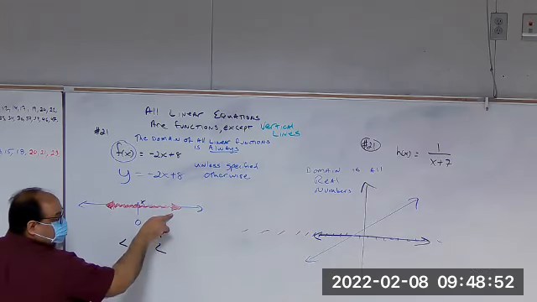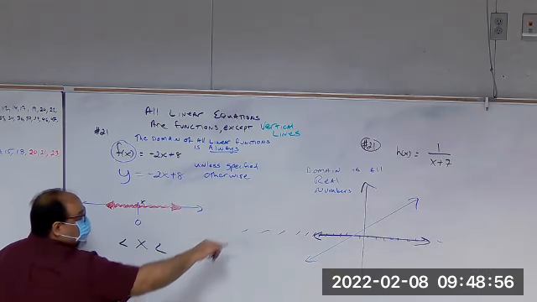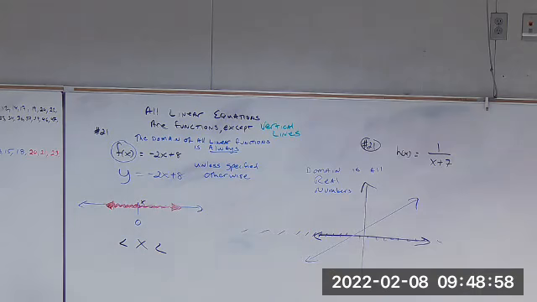When I draw this arrow going forever to the right, what do we use to call forever down there? Infinity.